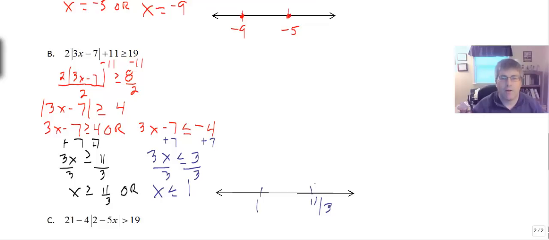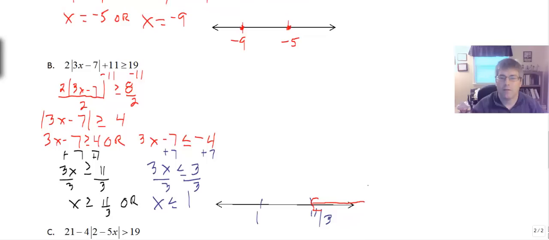I want all the points that are greater than or equal to 11 thirds. So that's all those points. And all the points that are less than or equal to 1. So I do a bracket because I want to include 1. And I head off in the negative direction.